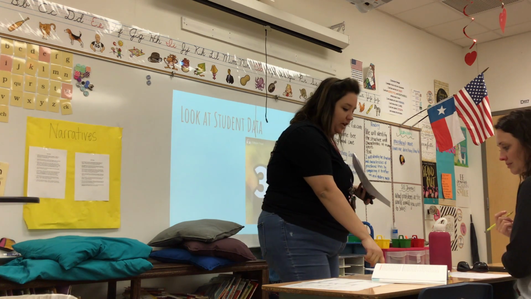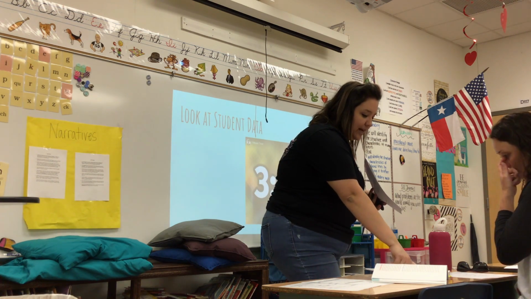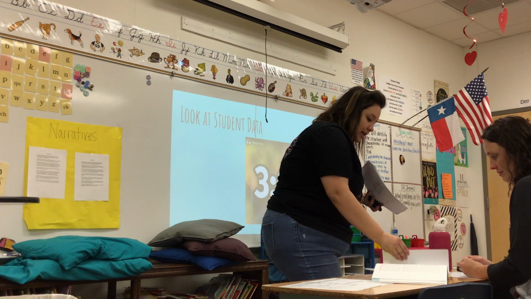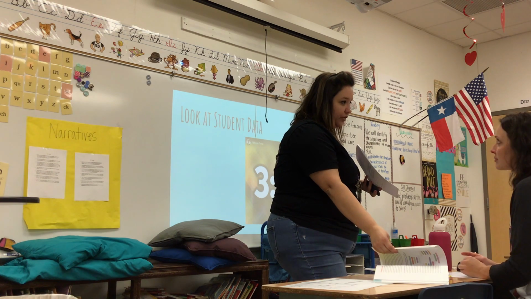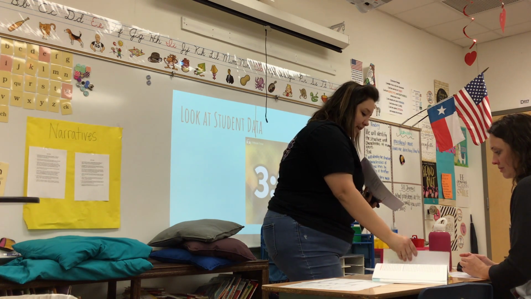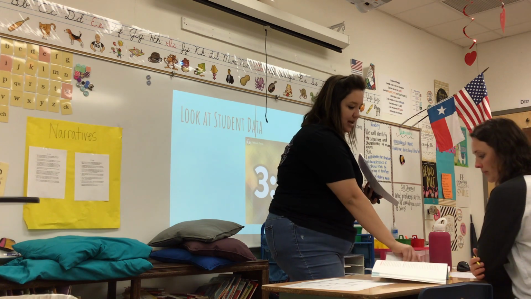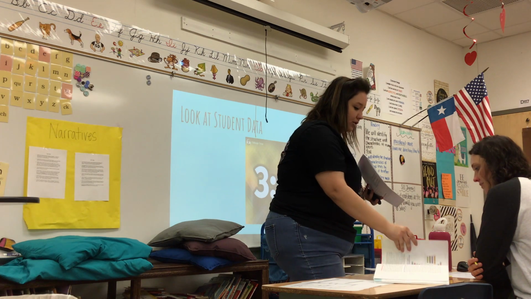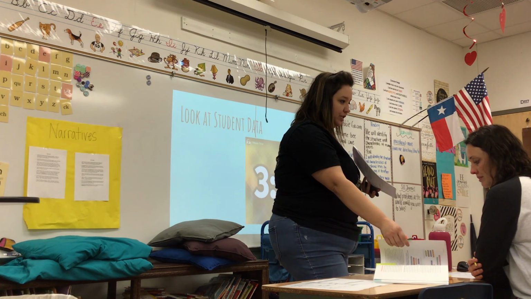By using Jennifer Serravallo's book, you'll notice that this is green: plot and setting. All of the green are strategies you can use for plot and setting. Characters is blue, so all of this colored blue is characters. And the themes and ideas is pink, so all the pinks are little lessons you can use for those students.